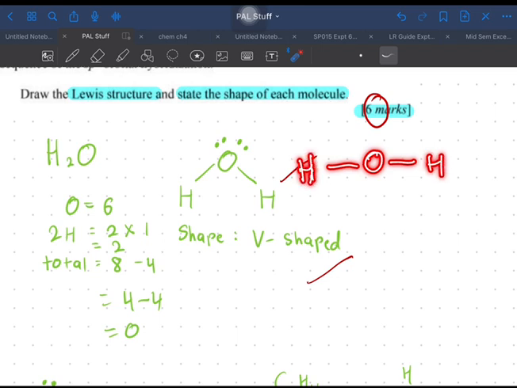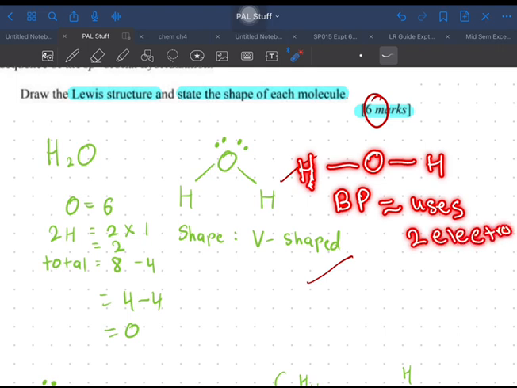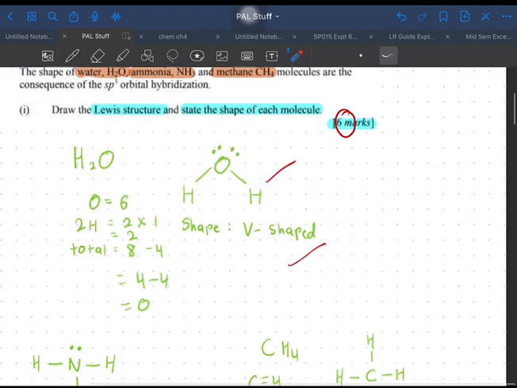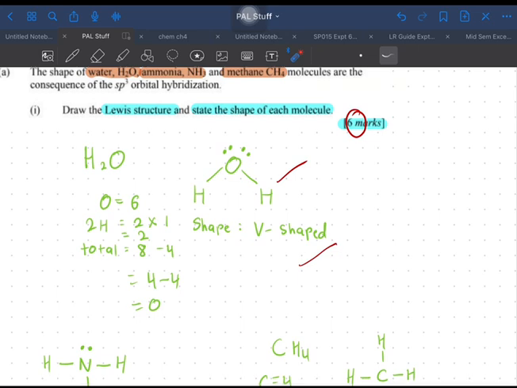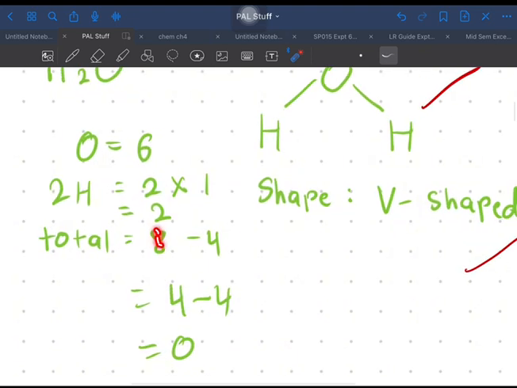But a bonding pair uses 2 electrons. It's not the textbook term, but it's what I like to go for. So since there are 2 bonding pairs, 2 times 2 equals 4, and in total we have 8 electrons.